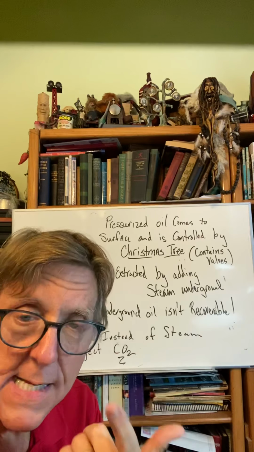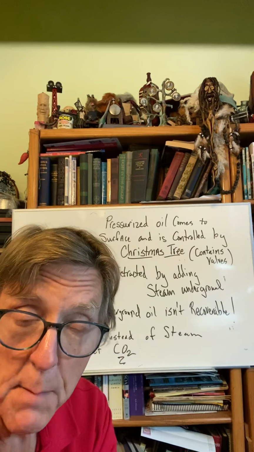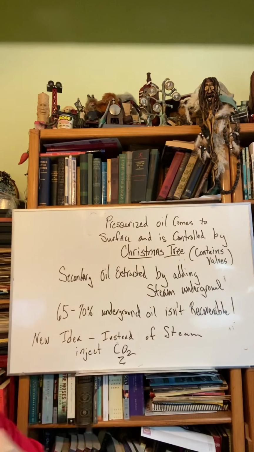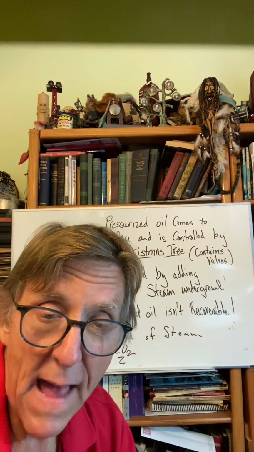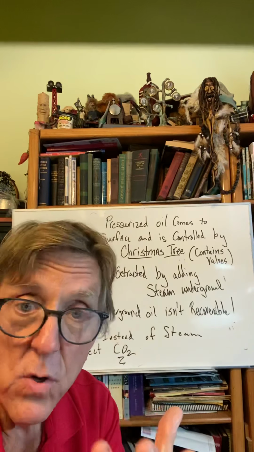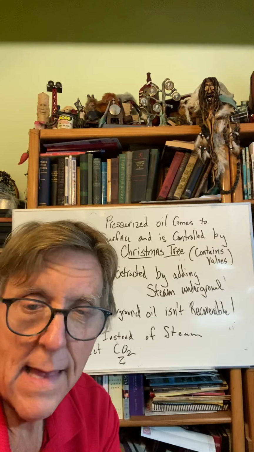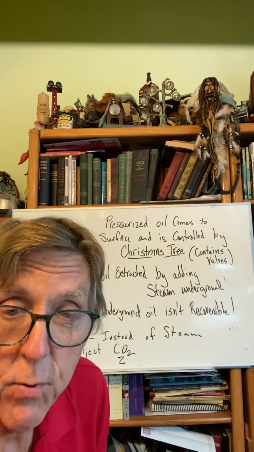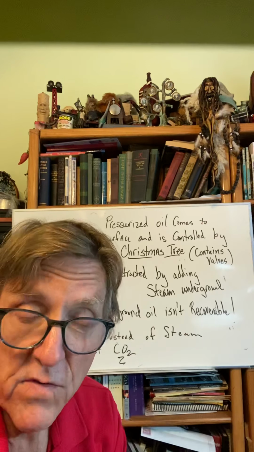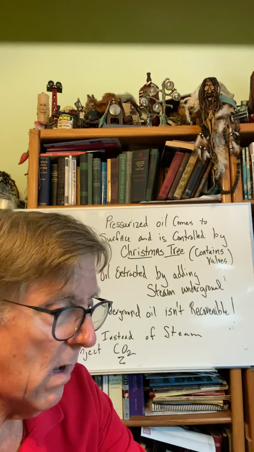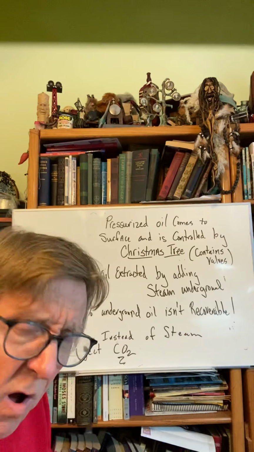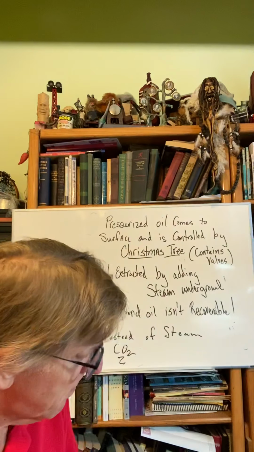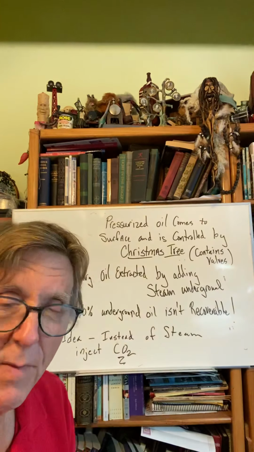So one idea is, instead of using steam, use CO2. Introduce CO2 back underground. Usually I always say in these kinds of classes that there are simple answers to environmental problems. The problem is the cost. And the cost is what prevents that from happening.